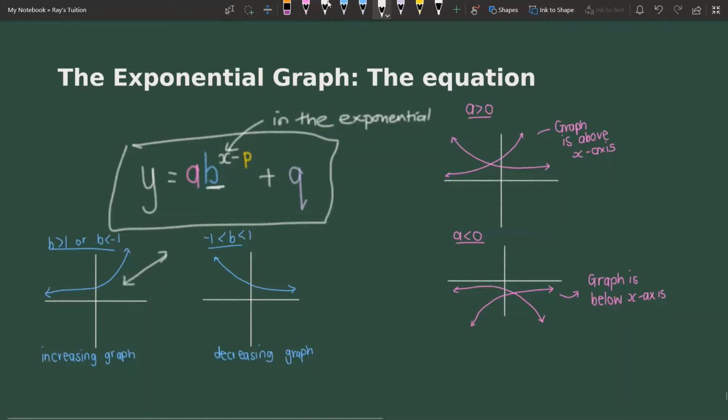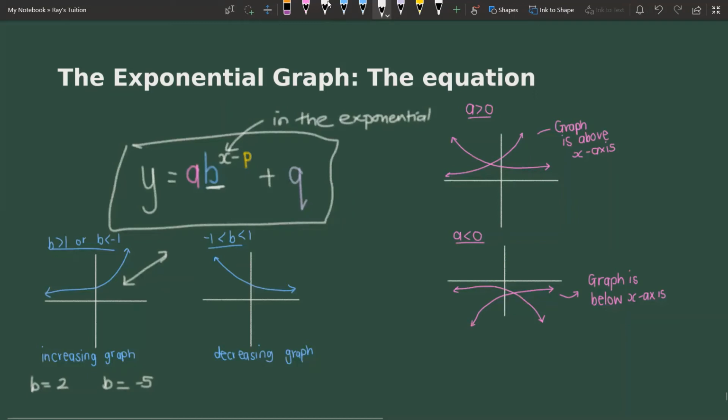And we will have an increasing graph when b is greater than 1 or when b is less than -1. So for example, a b equal to 2 will give us an increasing graph, and say a b equal to -5 will also give us an increasing graph because it falls under those intervals.